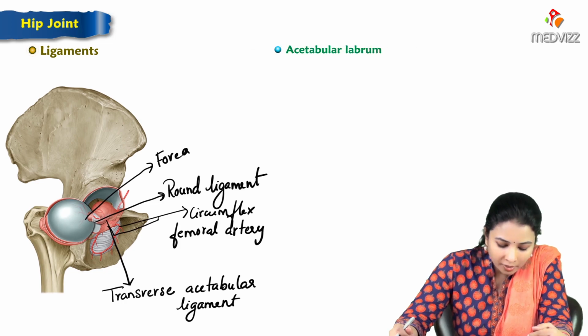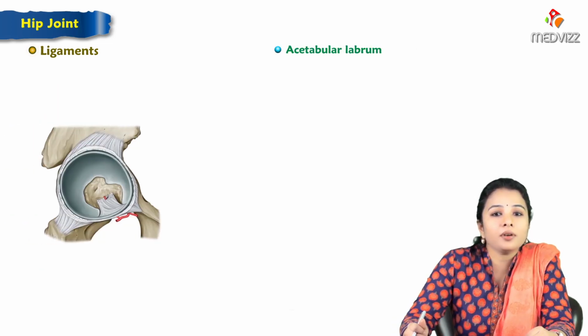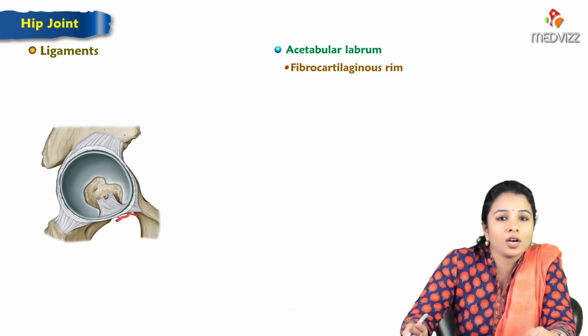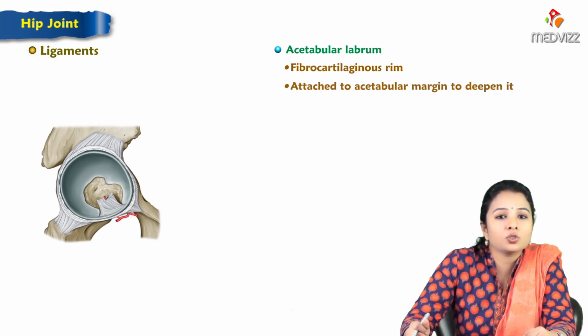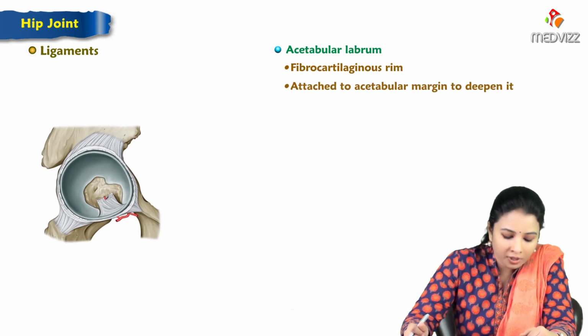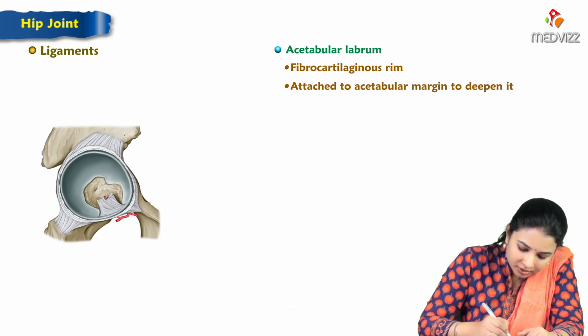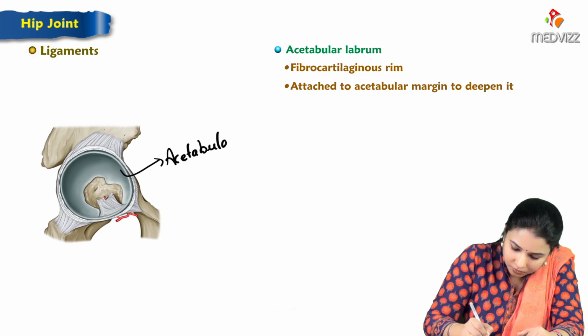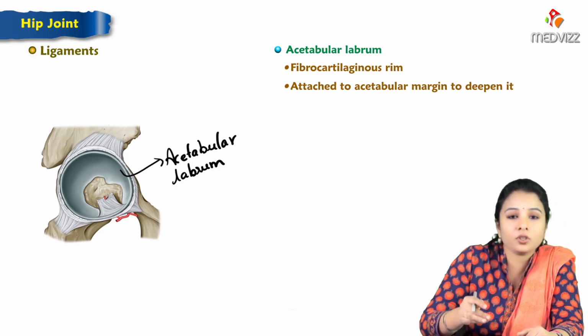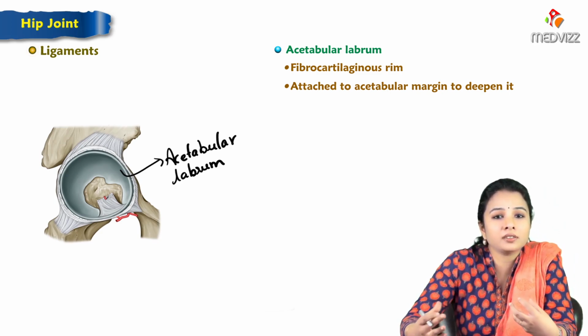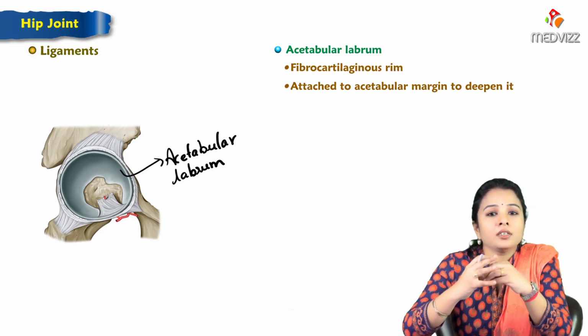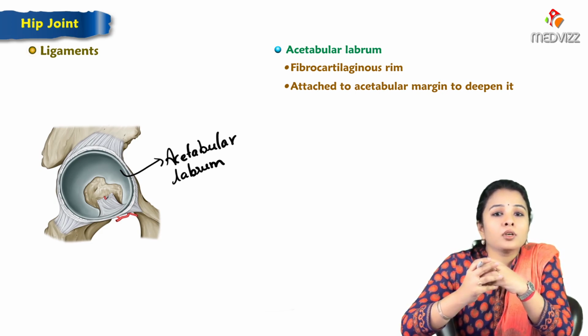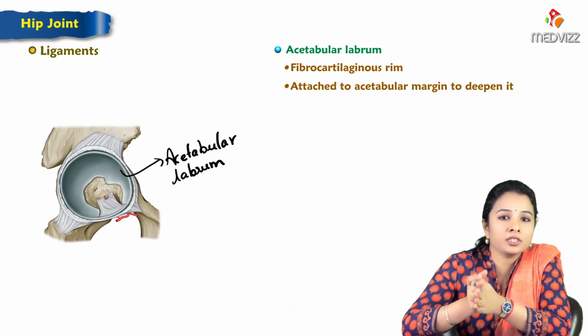Next, about the acetabular labrum. The acetabular labrum is a fibrocartilaginous rim attached to the acetabular margin to deepen it. So along the margins of the acetabulum, it basically deepens the acetabulum, increasing its depth and preventing the head from dislocation.